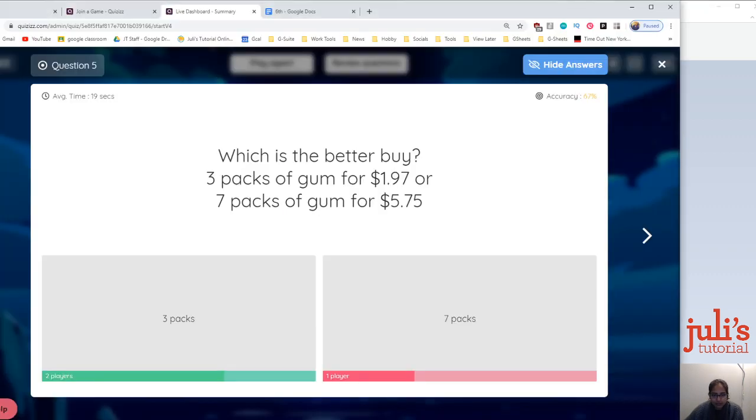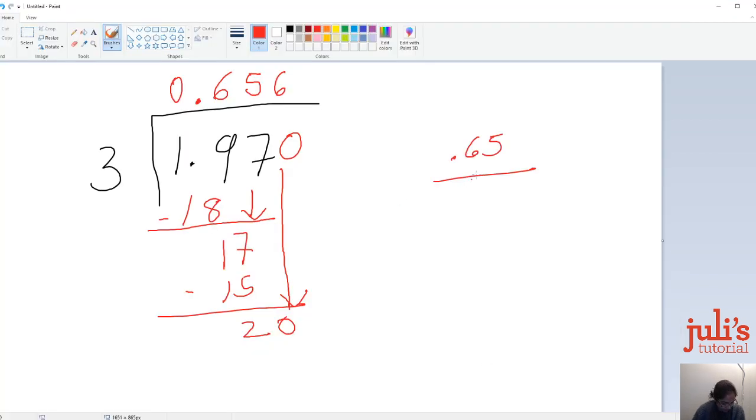And the other one is 7 packs for $5.75. $5.75 divided by 7. Put up the decimal up here first. 7 doesn't go into 5, so we add a 0 here. Does 7 go into 57? Yes, it does. 7 times 7 is 49. 7 times 8 is 56.